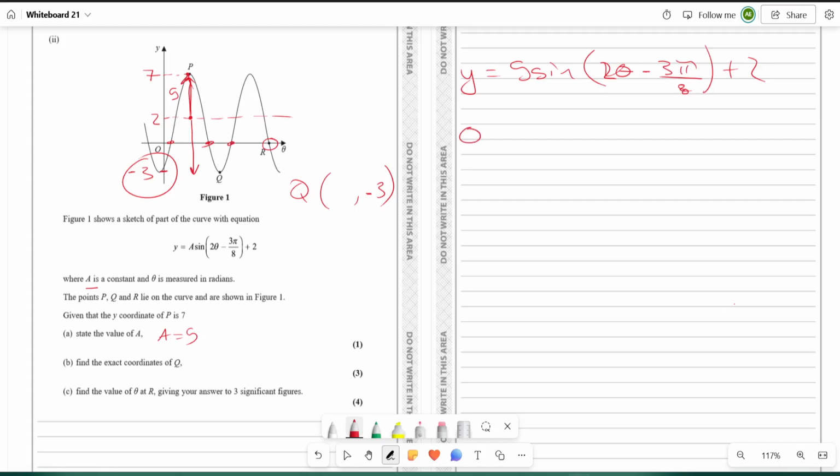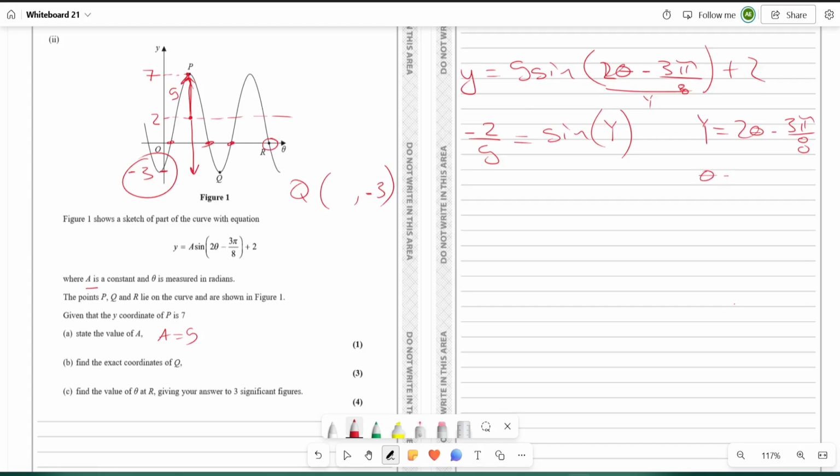So instead of y, I'm going to put in 0 equals all of this. I'm going to move the 2 to the other side and divide by 5. So minus 2 over 5 equals sine. Let's name this as y. So y again is equal to 2 theta minus 3 pi over 8.